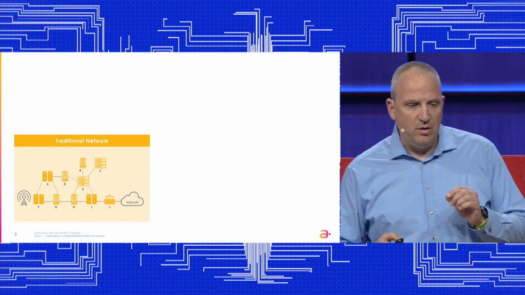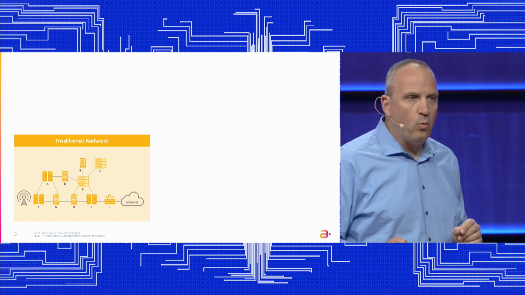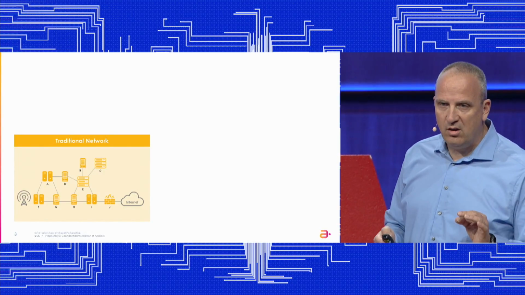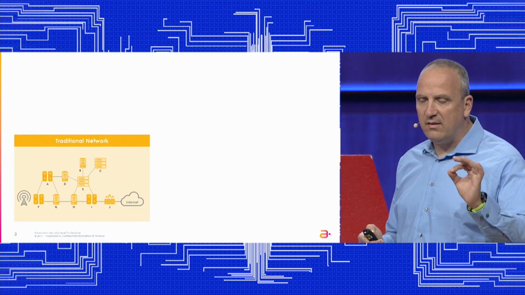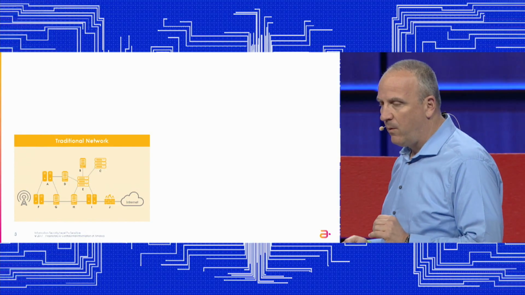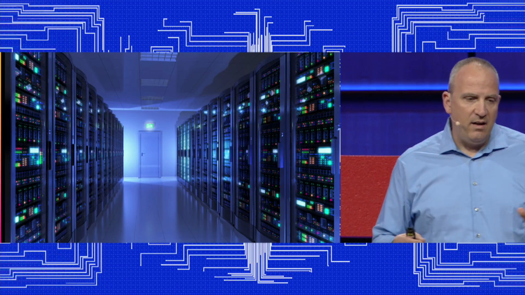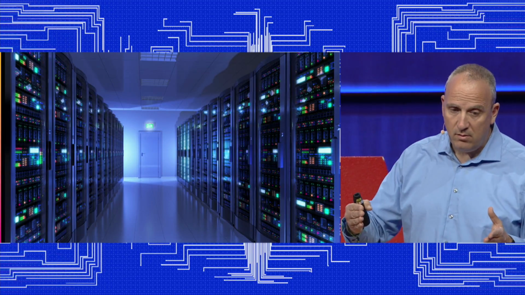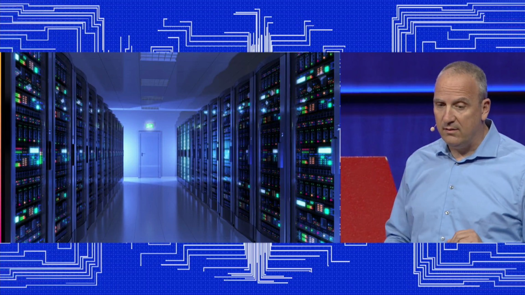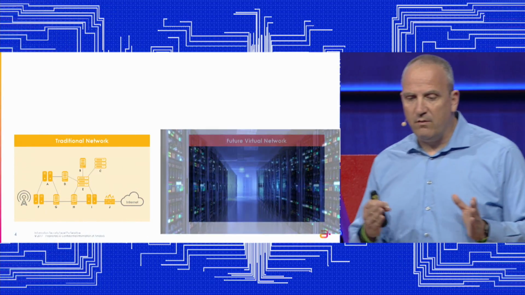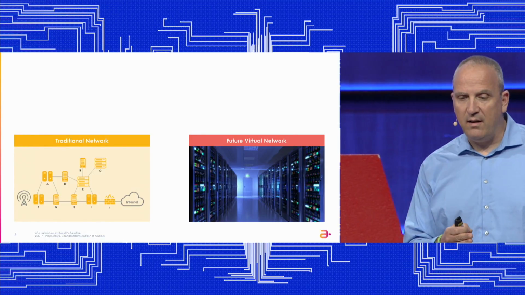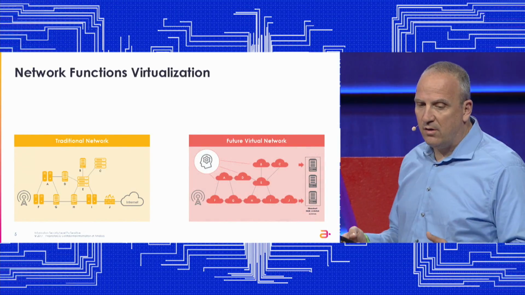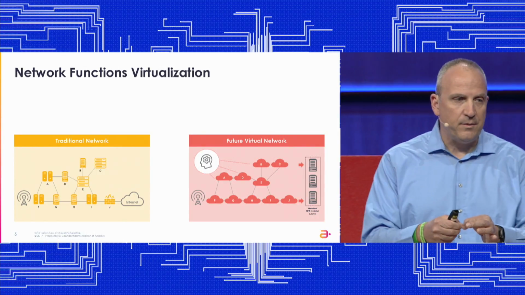Why don't we just use, instead of physical elements, logical elements, virtual machines, which will emulate the same functionality, okay? And then, instead of having that mess, we'll put everything on a server. Okay, and that looks much more organized. So if you think of the picture on the left, which is physical elements, the picture on the right plays the same function, but with virtual elements.